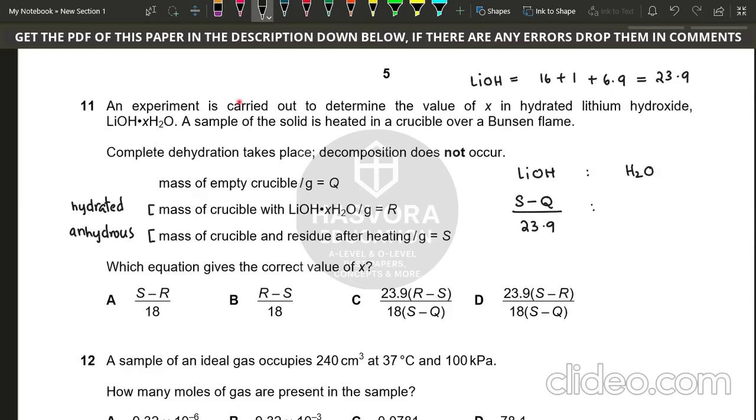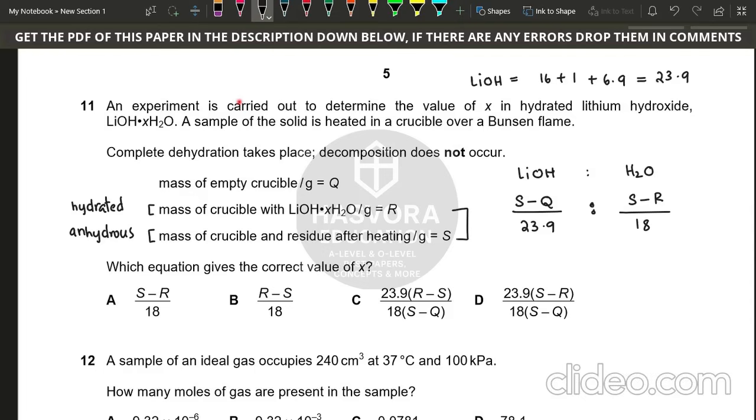And then how are you going to get the water? Okay, so water is actually being evaporated in the heating, so it is the difference of these two. Okay, so S minus R divided by the Mr of water, which is 2 hydrogens, so 2 into 1, plus 16 for the oxygen, so it will become 18. Now the ratio always means divided.